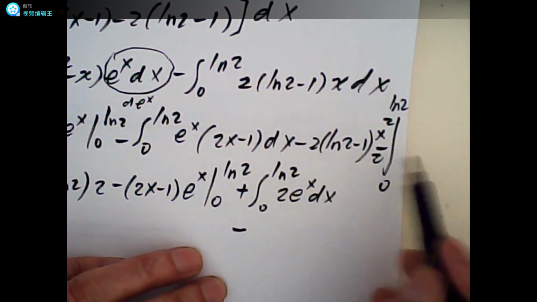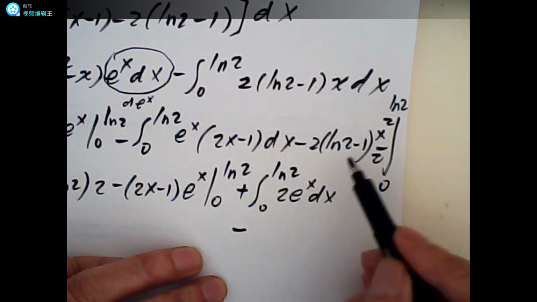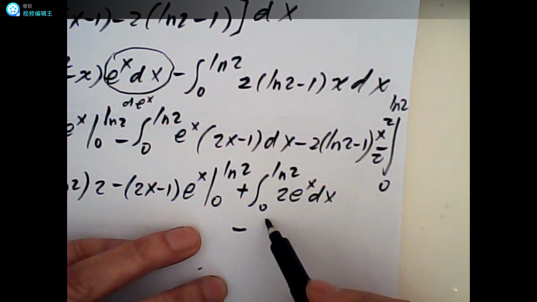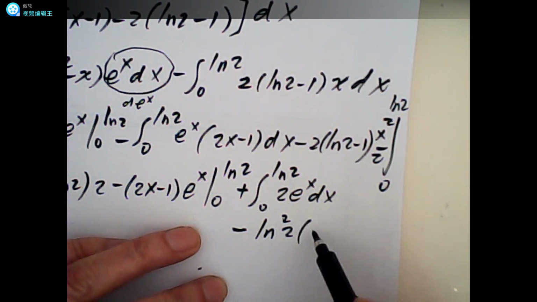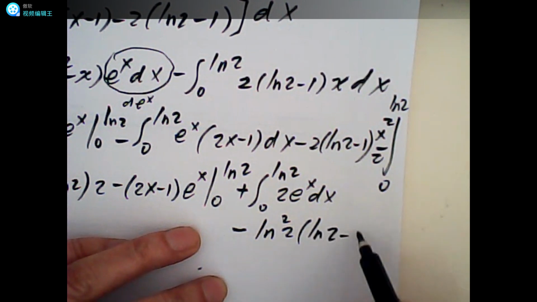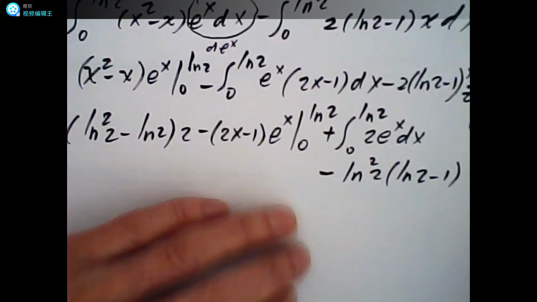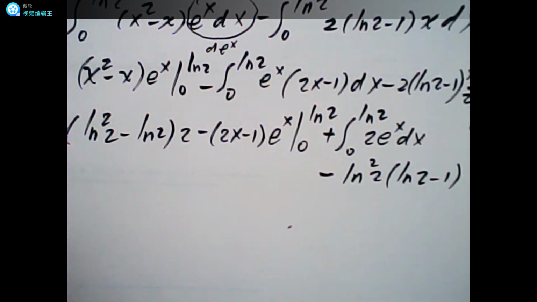Minus 2 to cancel out. But this is log square 2 multiplied by log 2 minus 1. Oh, just a simple calculation. Okay.